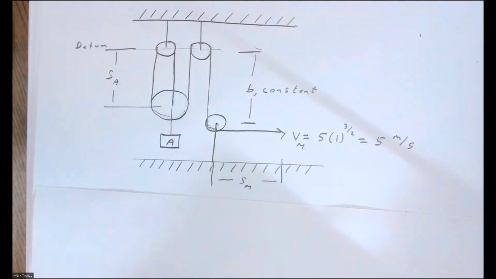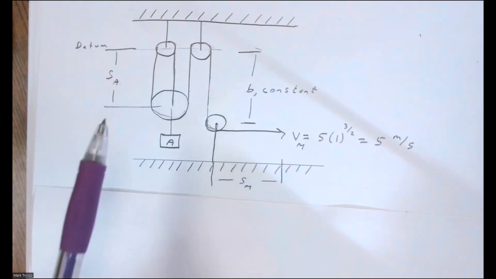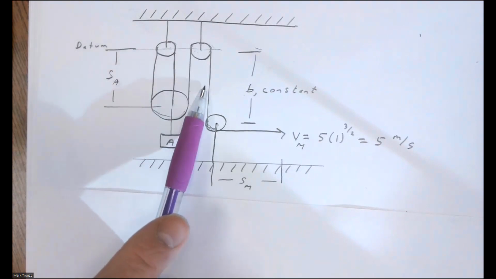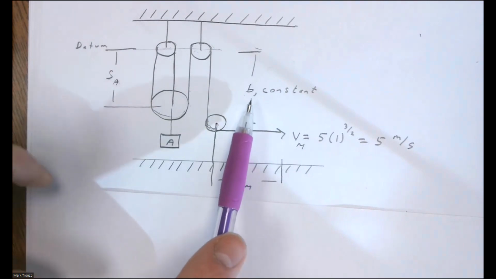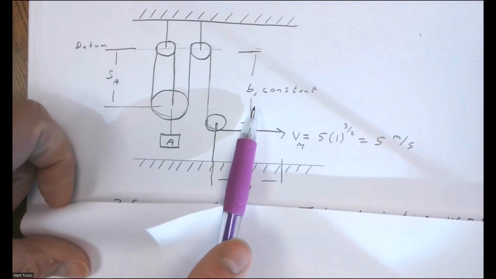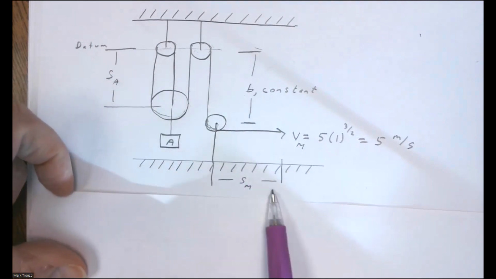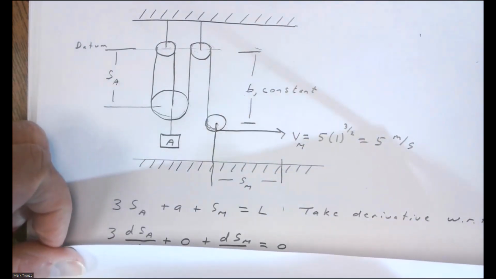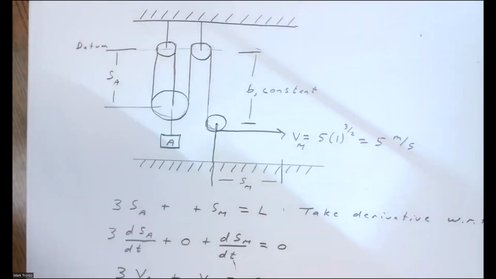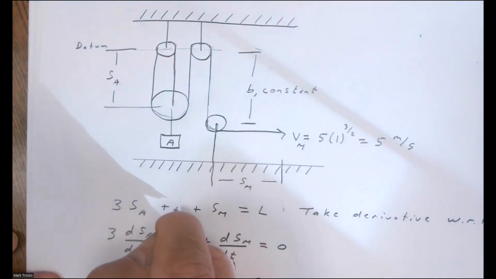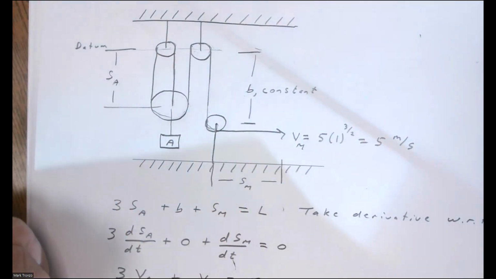So find the length of the cable. So we have 1, 2, 3 times SA, plus B, plus SM. I think I was originally going to give that a different name, so we call that B here.